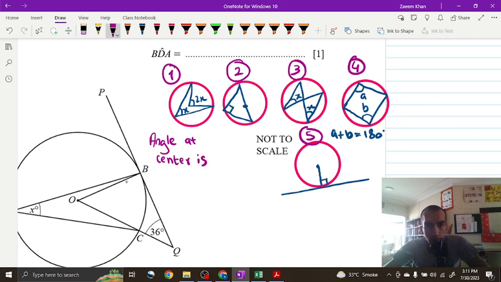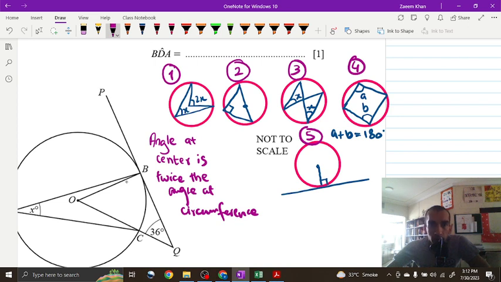Angle at center is twice the size of the... Angle at center is twice the angle at circumference.